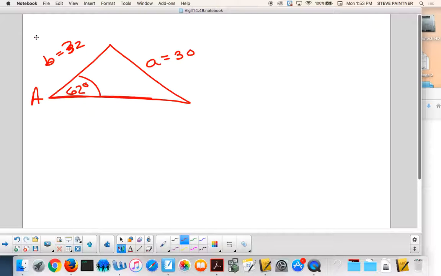Okay, I've got mine drawn. I'm assuming there's at least one. I'm hoping, well, there's probably going to be two. Here we go. Law of Sines, I'm ready to go. I know my angle, I know the opposite side.